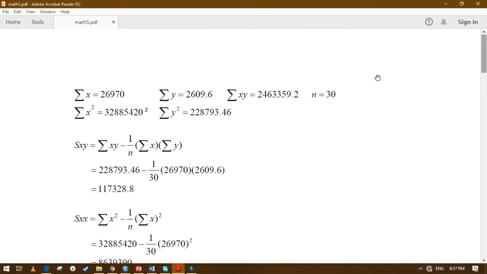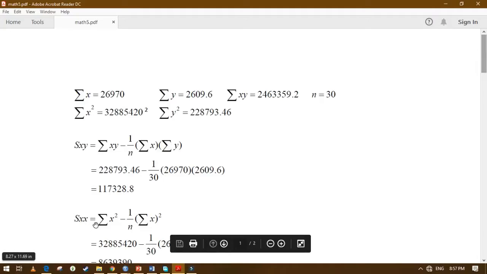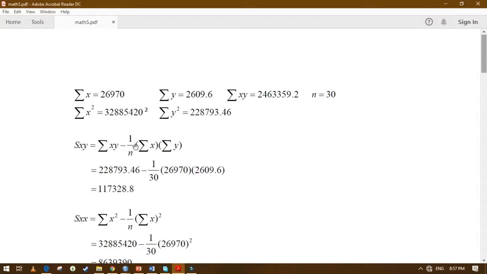Okay, from the calculator, we have obtained summation of x, y, xy, x squared, and y squared. And then we have to calculate SXY and SXX to obtain beta 0 and beta 1. For SXY, the formula is summation of xy minus 1 over n multiplied by summation of x multiplied by summation of y.